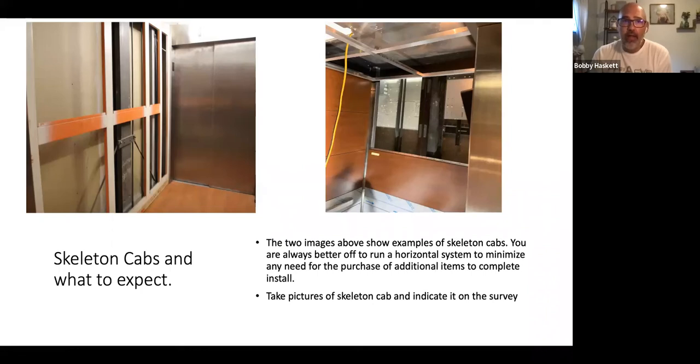The best way to think about it is when you pull the actual laminate panel off the wall, you could stick your hand right through to the hoistway. And if you find during your pre-inspection of the cab shell that it is a skeleton cab, what we recommend and have found the best way to have zero problems on your installation is to run a horizontal system.